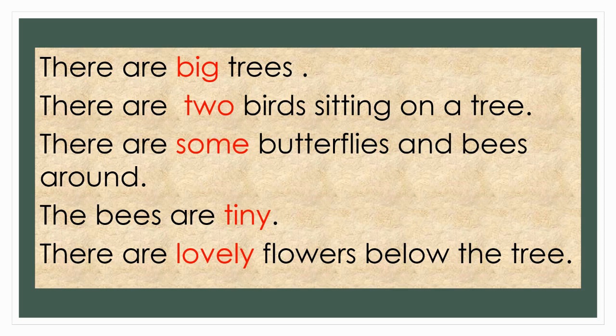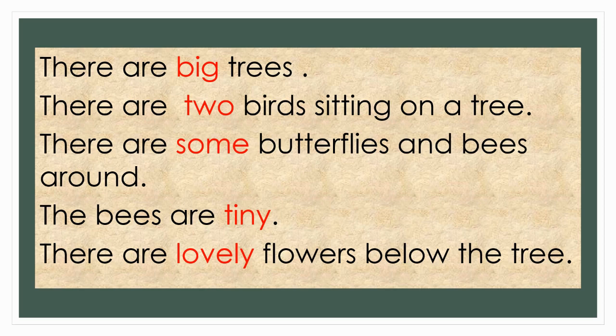In the fourth sentence, the word tiny is an adjective as it is telling about the noun bees. It is telling us the size of the bees. And in the last sentence, the word lovely is an adjective as it is describing the noun flowers. So, in this way, the adjectives in this para are big, 2, some, tiny and lovely.